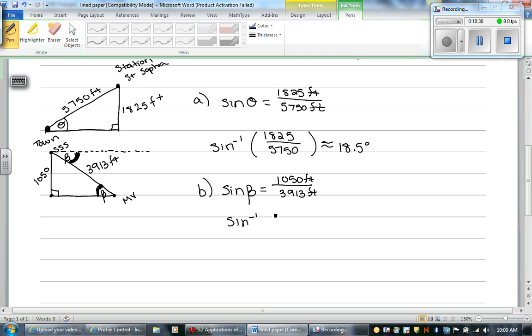Again, we go ahead and take that inverse, and when we put that into our calculator, we get approximately 15.6 degrees.